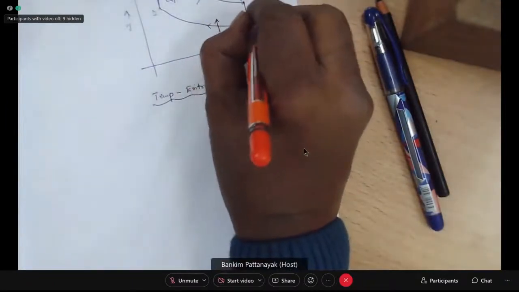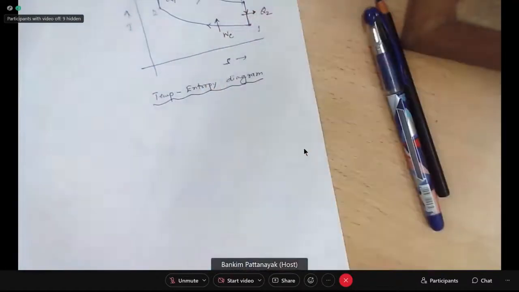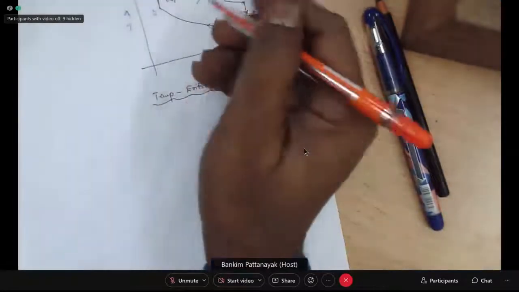And finally, there has to be some amount of heat rejection, which is Q2, let us say. Now this executes a cycle.